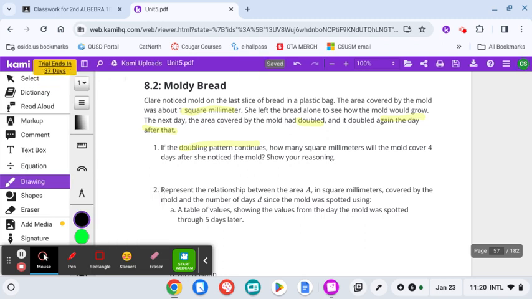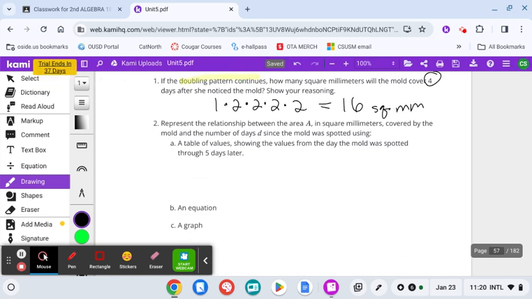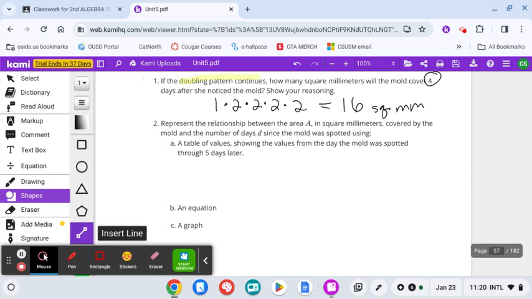If we picture that there's 1, and then it's doubling, day 1, day 2, day 3, day 4, after 4 days we got that there would be 16 square millimeters. Now we're going to represent this relationship between the area and days with a table, an equation, and a graph. Those are the 3 representations we should always be really familiar with and able to create.